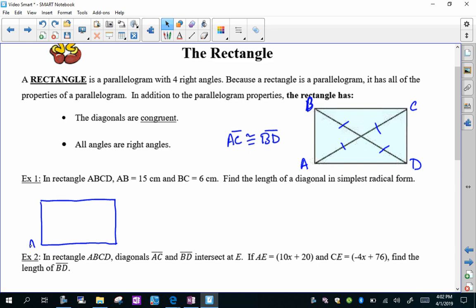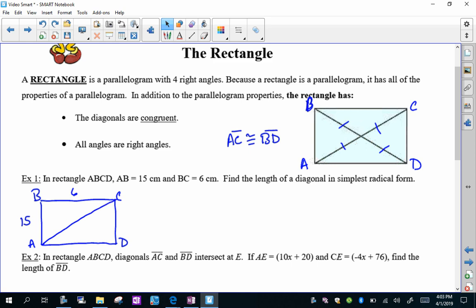Around the horn, A, B, C, D. AB is 15 centimeters, so I'm going to put my 15 there. Then I have BC at 6. And then it says find the length of a diagonal, so I'm going to draw my diagonal here at AC.